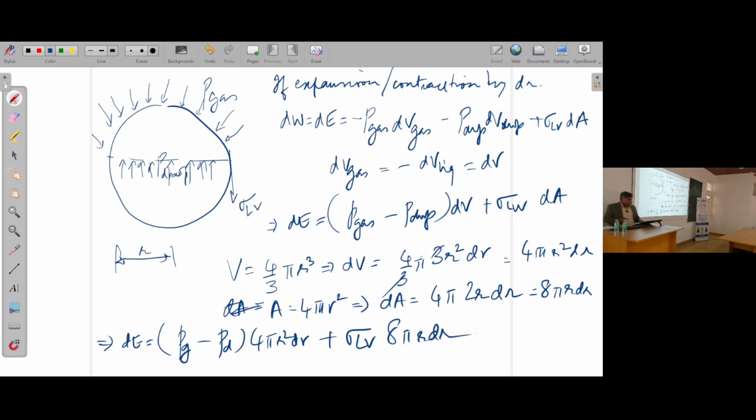Now obviously this is the change in energy, and basically at equilibrium dE should be minimized. So essentially dE is tending to 0 at equilibrium. If you do that, I'll probably go to the next page.